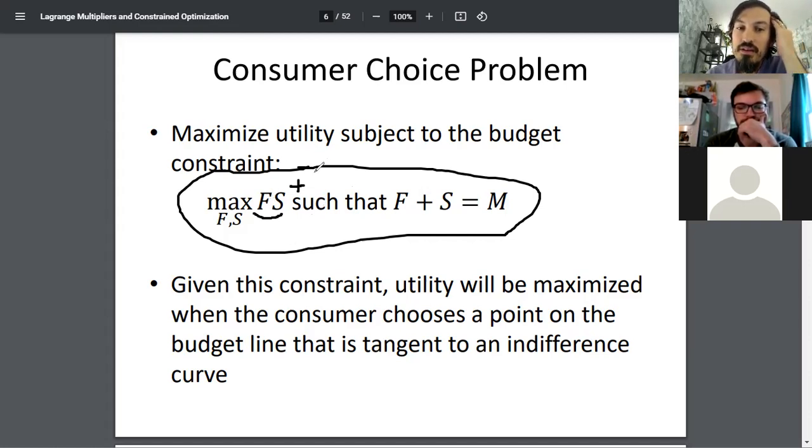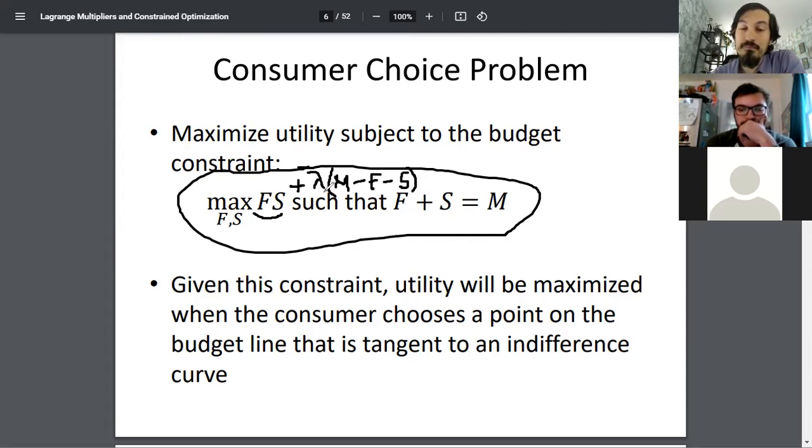So the new thing that you're going to maximize is not just f times s, but f times s plus lambda times m minus f minus s. And you might say, well, why? I've added a new variable, lambda. I'm going to be able to choose f, I'm going to choose s, and I'm going to be able to choose lambda.